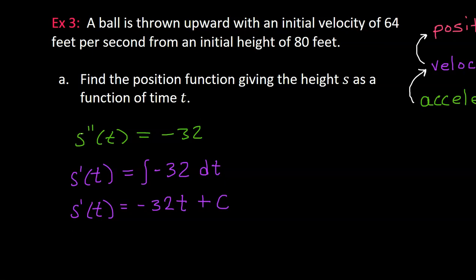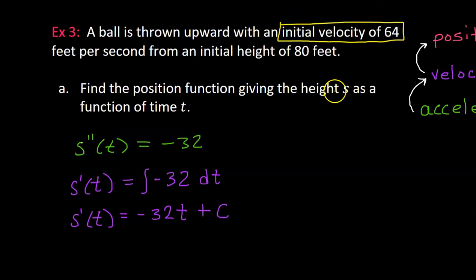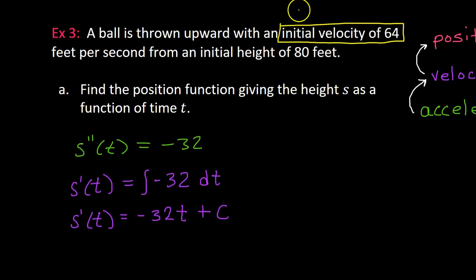This is the general solution. Let's see if we can use the initial conditions to find c and come up with a particular solution. So we are told that the initial velocity is 64. So this is an initial condition. In other words, s prime at 0, the velocity at time 0, is equal to 64.